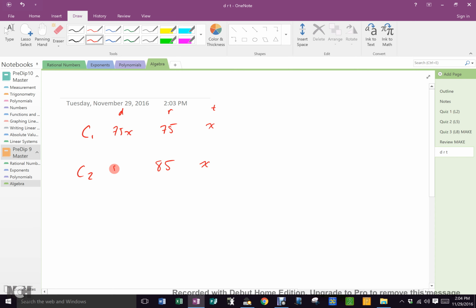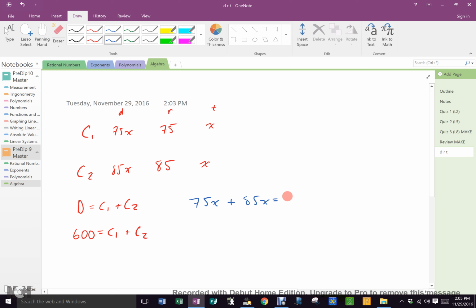75x and 85x. But there's something else. What else do I know about the distance? Car 1 plus car 2 has to equal what? 600 has to equal car 1's distance plus car 2's distance, yes? Yes. Well, what is car 1's distance? 75x plus what is car 2's distance? 85x.